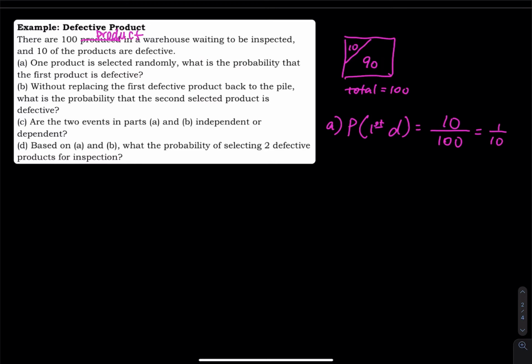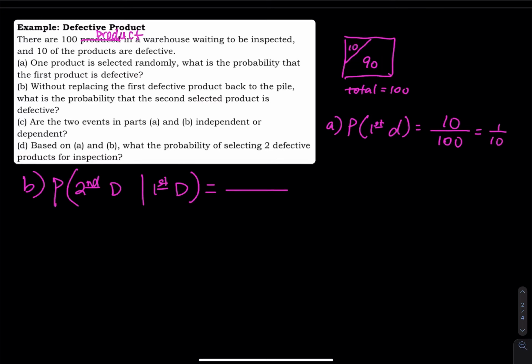And then B, without replacing the first product back to the pile, what is the probability the second selected product is defective? So given I already know that the first one is defective, what is the probability that the second selection is defective, but you don't put the first one back to the pile? So that affects the total, right? It was supposed to be 100.